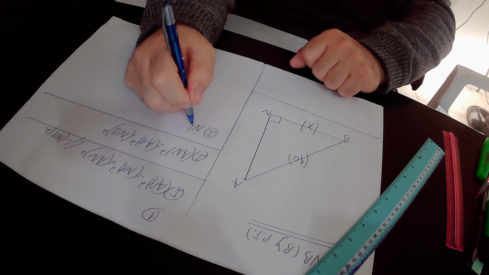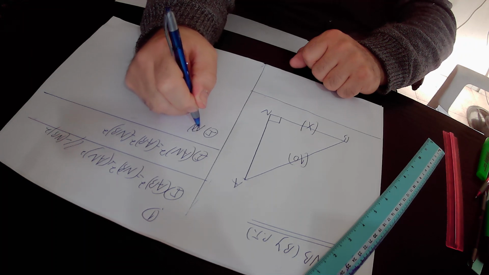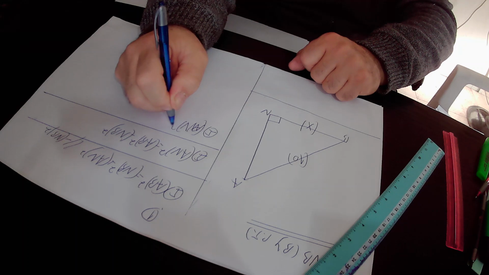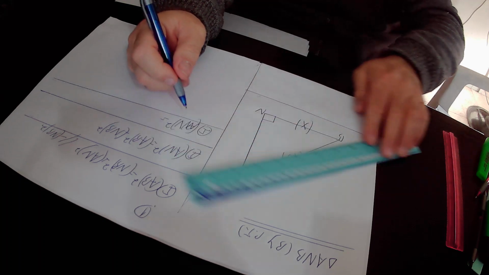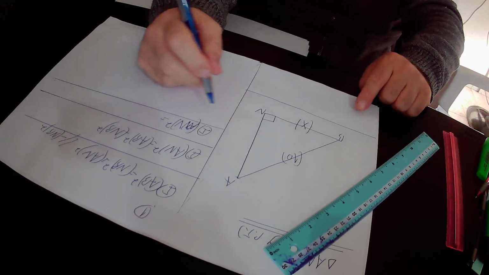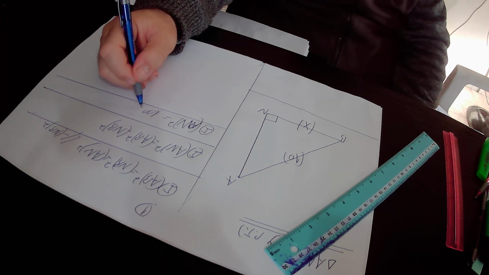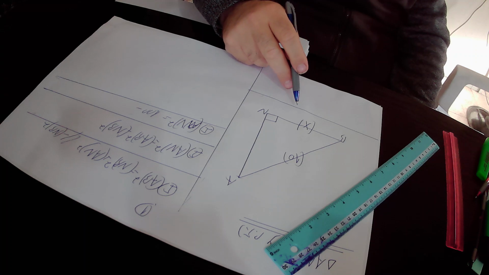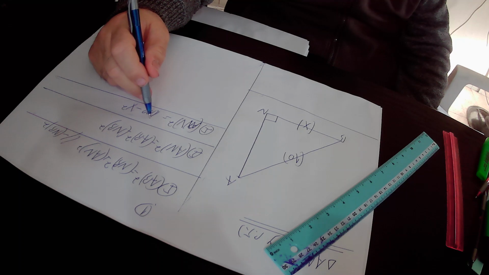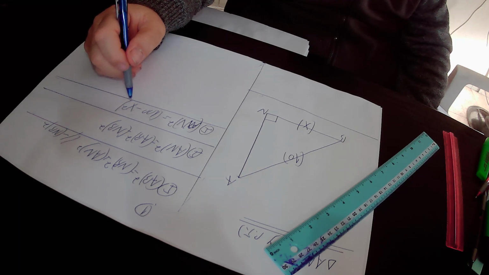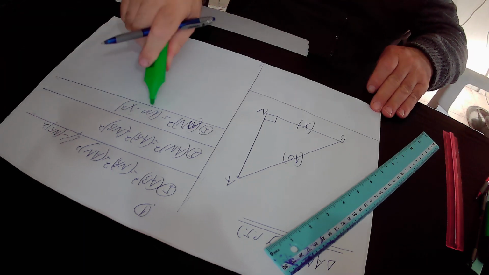AN squared equals AB squared. AB is 10, therefore AB squared is 10 squared, that is 100, minus NB squared. NB is x, therefore NB squared is x squared. So in conclusion, according to equation 1, AN squared equals 100 minus x squared.